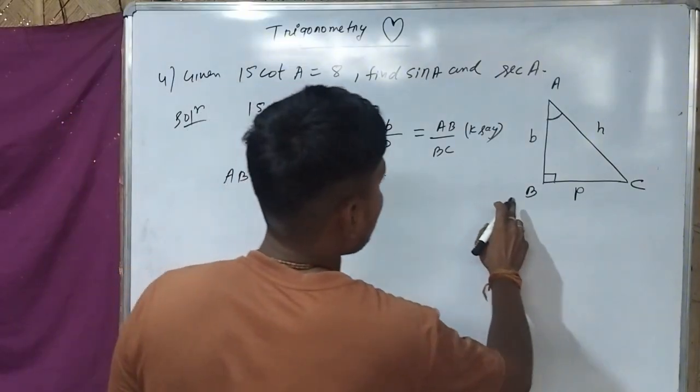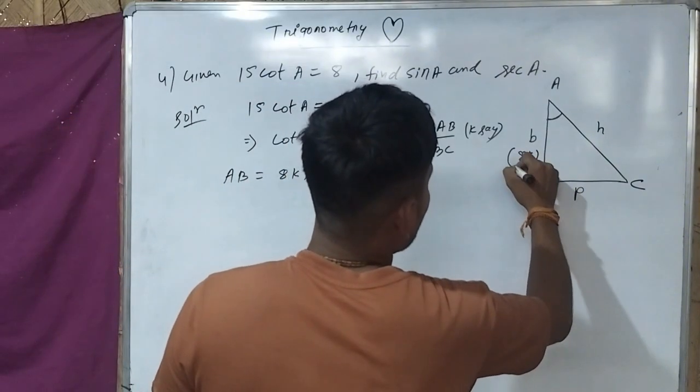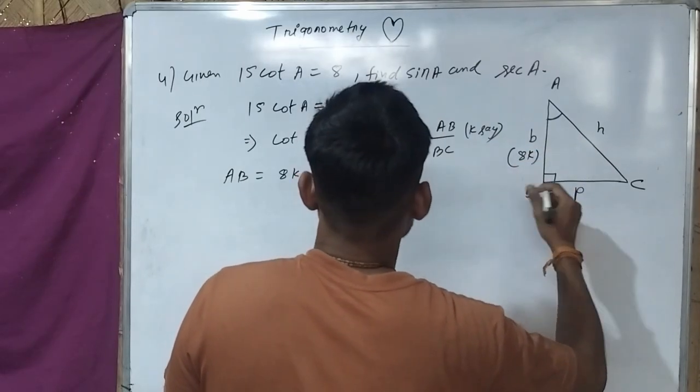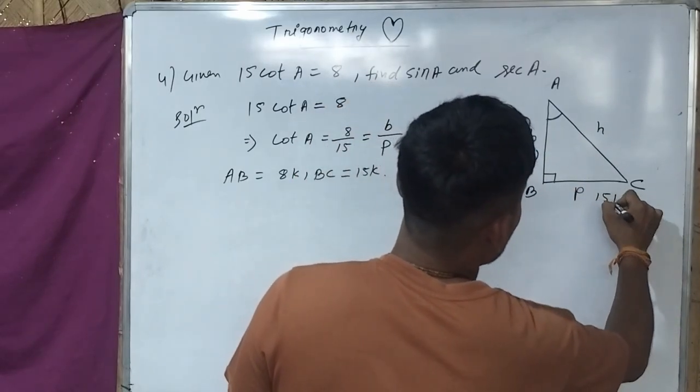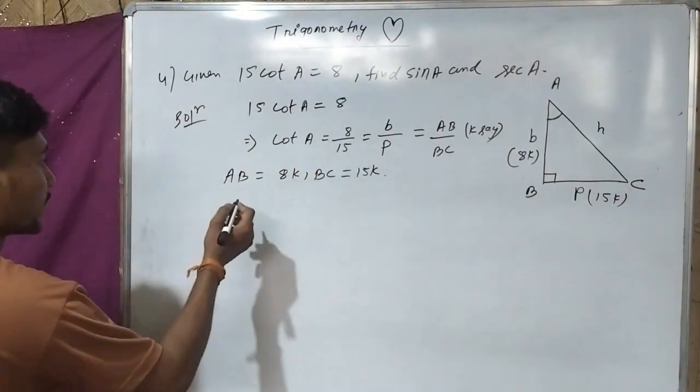AB is given 8K, and BC is given 15K. Now this AC you have to find.